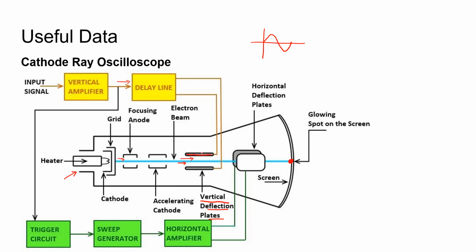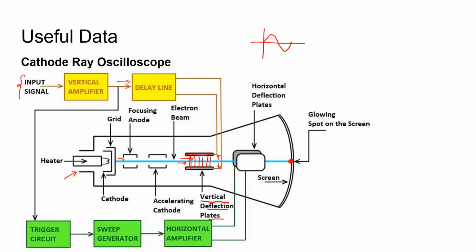The plates are energized by this input signal. So, the field that exists between these plates corresponds to the input signal applied. This signal creates a force moving the electrons up and down. Since the motion is up and down, these are called vertical deflection plates.